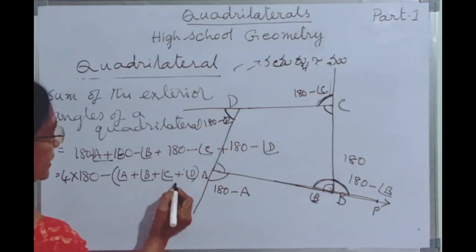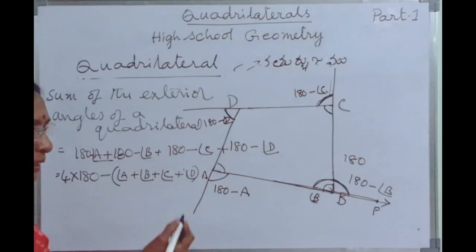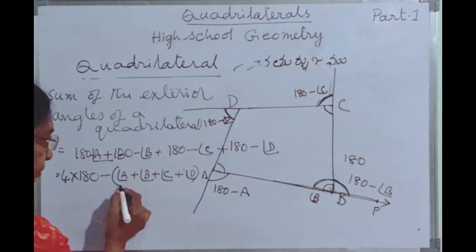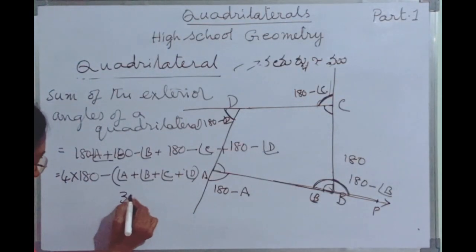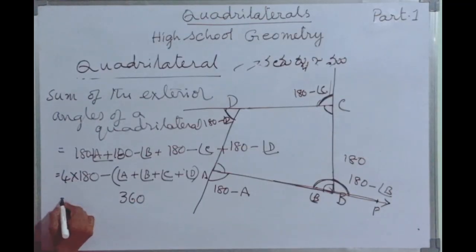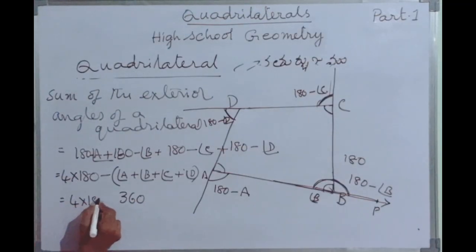Angle A plus angle B plus angle C plus angle D means the sum of the interior angles of the quadrilateral. The sum of the interior angles of the quadrilateral is 360. Therefore, this is 4 into 180 minus 360. 360 means 2 into 180.